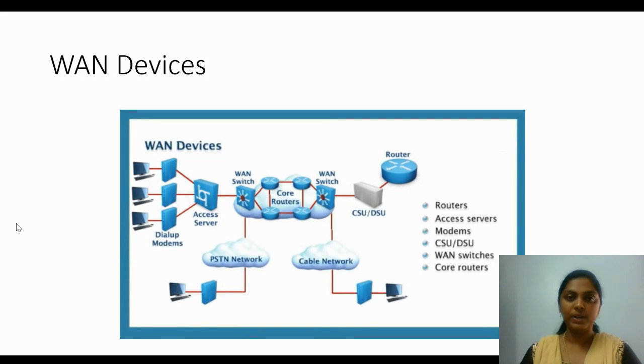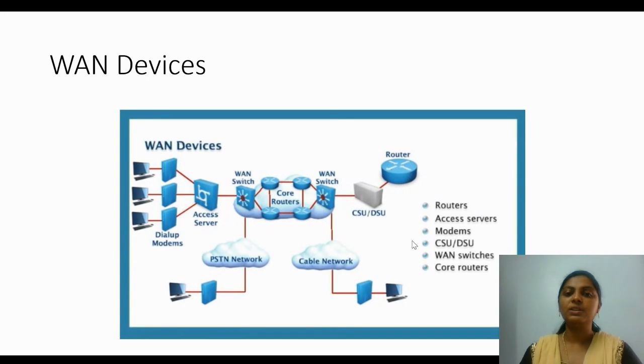The second point is it supports the transmission of IP packets over these high speed interfaces. And along with that, it also supports all the available routing protocols, so that the WAN space can be utilized properly. So these are the three important capabilities of the core router.